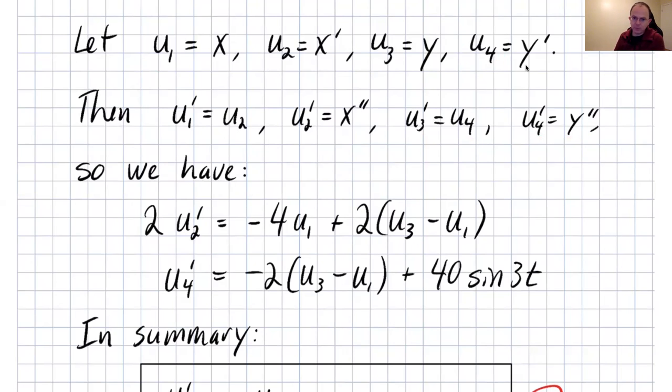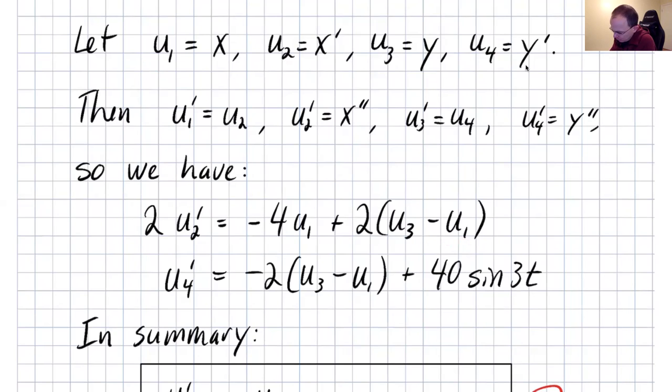So now we can substitute everything into our original linear system. Here we had x double prime, so we replace it with u2 prime, and then we had minus 4x, so that's now u1, plus 2 times y, that's u3, minus u1, minus x, which is u1.